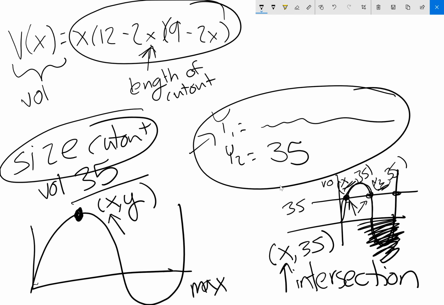This x is our input, which is the length of the cutout. This y is the volume, because that's the output of our function. So the maximum value for the box's volume would be that, and the length of the cutout that produces this volume would be this. Make sense?